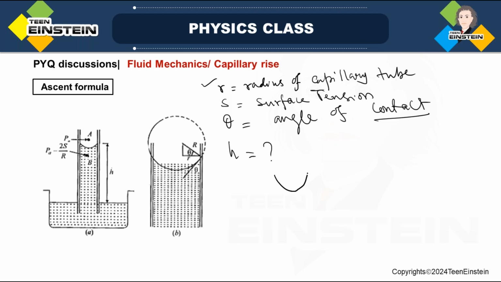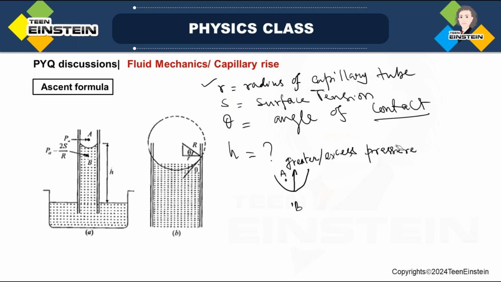We know that for a convex or concave surface, there will always be an excess pressure on the concave side. Call this point A and this point B. At point A there will always be an excess pressure, and that's why this curved surface is maintained. In this case also, there will be excess pressure on the concave side.